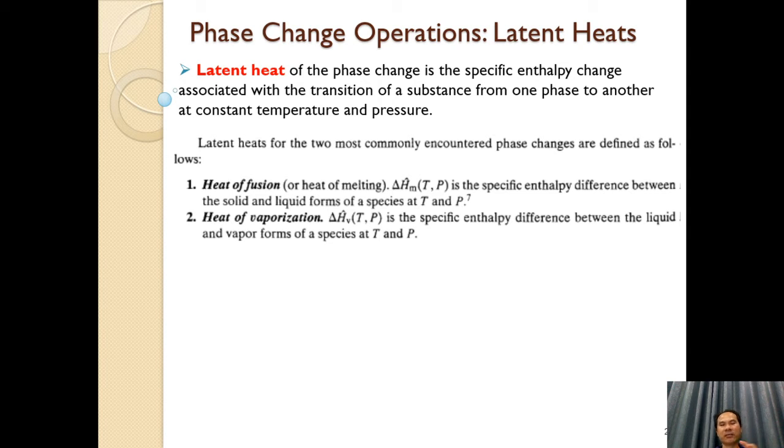Also the heat of vaporization. Vaporization is from liquid to vapor or gas, and condensation is gas or vapor to liquid. And also we talk about delta H m, fusion or melting, and delta H v, vaporization or condensation. This also occurs at constant pressure and temperature.